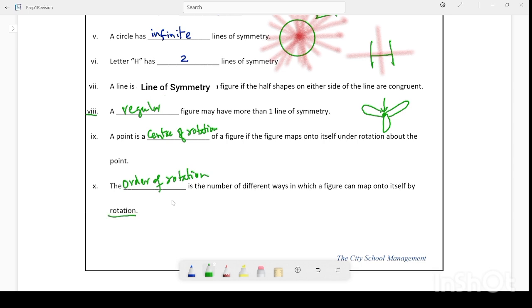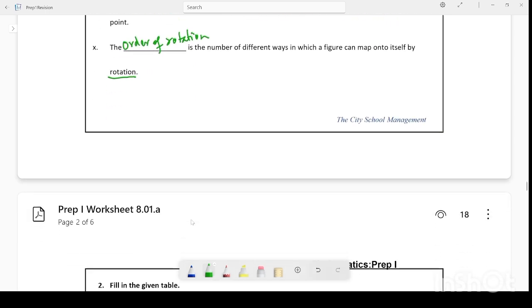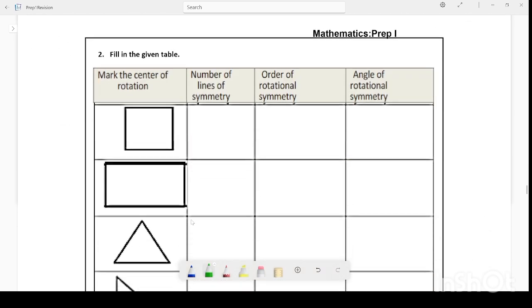In the rotation, if the line is there and we are going to rotate it, is it giving the same shape or not? The number of times it's giving the same shape is called the order of rotation of that figure. We'll be discussing this here in the questions.